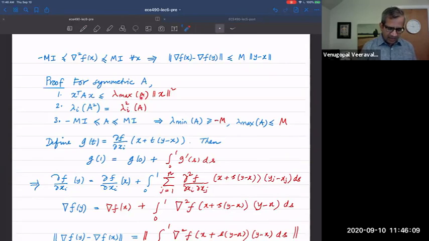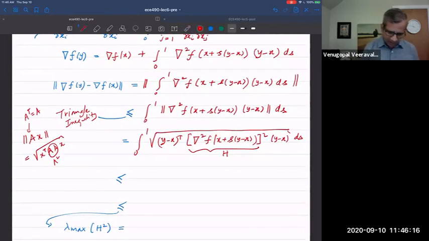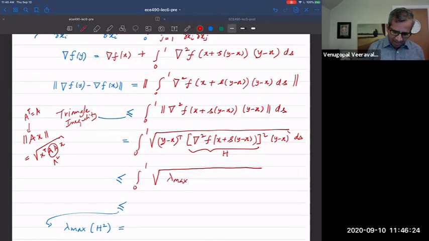But now A is like the square of the Hessian matrix, so I'll plug that in there. So this is less than or equal to the square root of lambda max of H squared times the norm of y minus x squared.